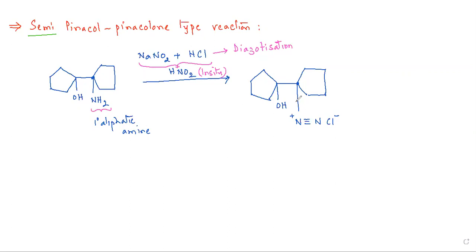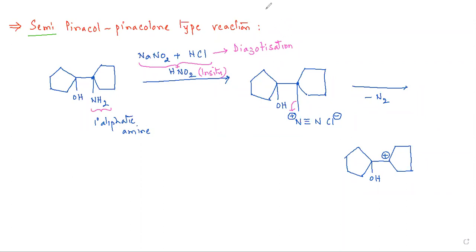Now then the bond will go towards the positive charge. So that is how nitrogen is eliminated. N2 is lost and we get a carbocation. So a positive charge.